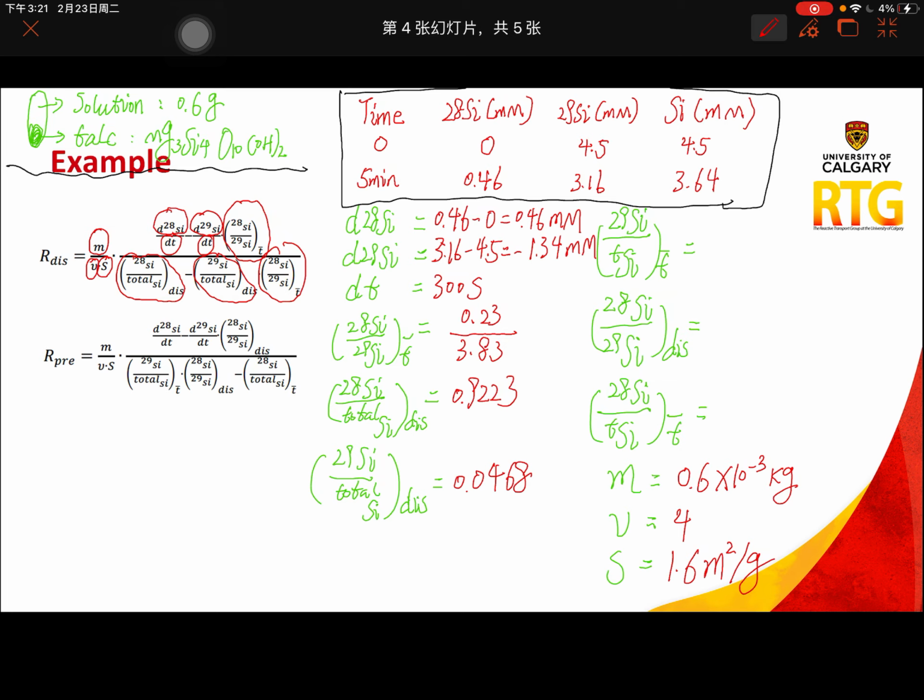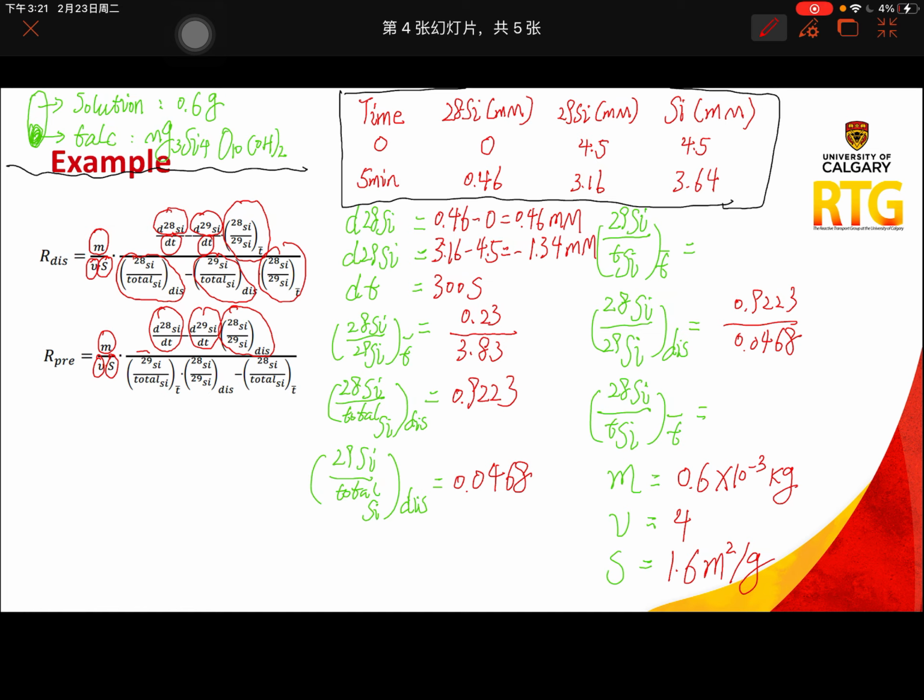Then we can calculate the dissolution rate. In the same way, if we want to calculate the precipitation rate, we know the mass, we know the stoichiometry, we know the surface area, we know the d28 over dt, and the 28 over 29 in the solid should be 0.9223 over 0.0468.